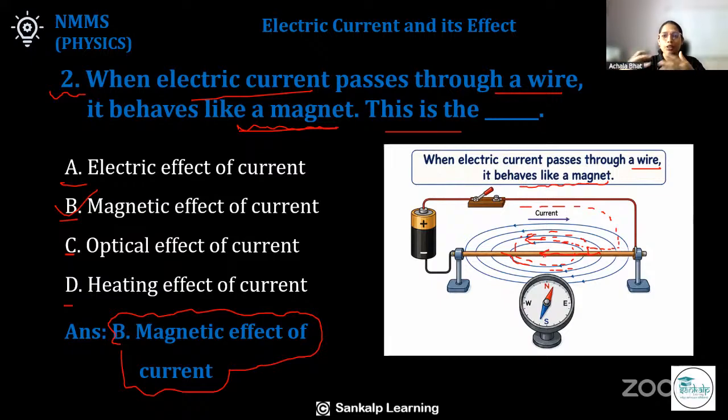People surround them. They attract people. Similarly here, when current passes through a wire, it creates a magnetic field, so it acts like a magnet. This is called the magnetic effect of current.